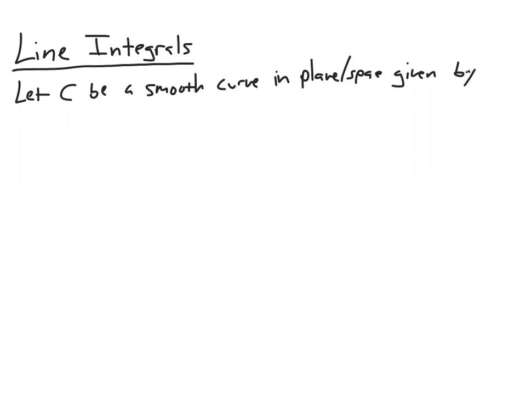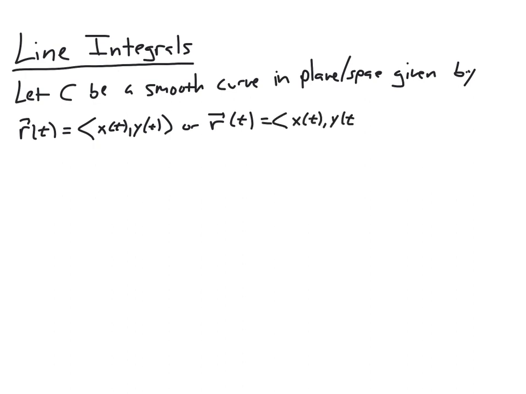Given by a vector function, r of t, either of the form x of t, y of t, in the case of a plane curve, or r of t equals x of t, y of t, and z of t, in the case of a space curve, where t is going to range from a to b.